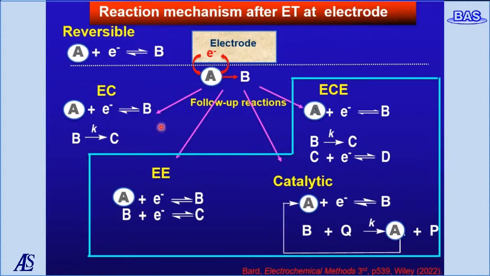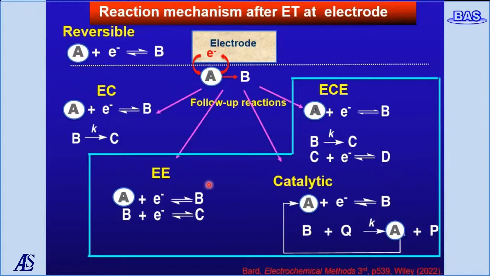So in these lectures, I deal with ECE, EE, and catalytic mechanisms. In the ECE process, the product C generated by the EC process is further reduced to the species D. This is called ECE mechanism.